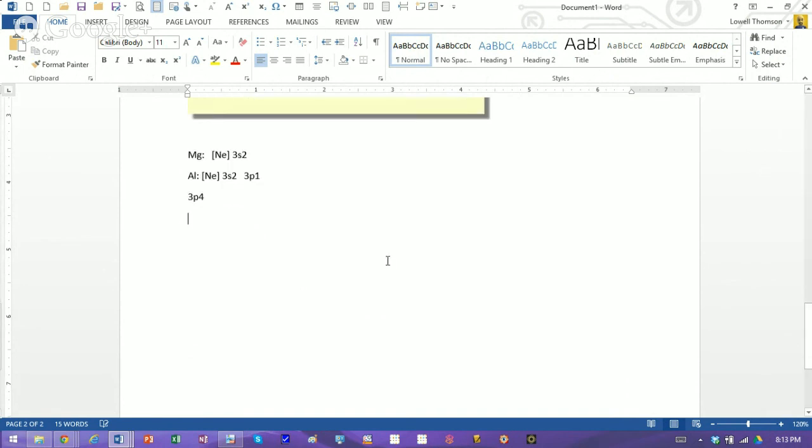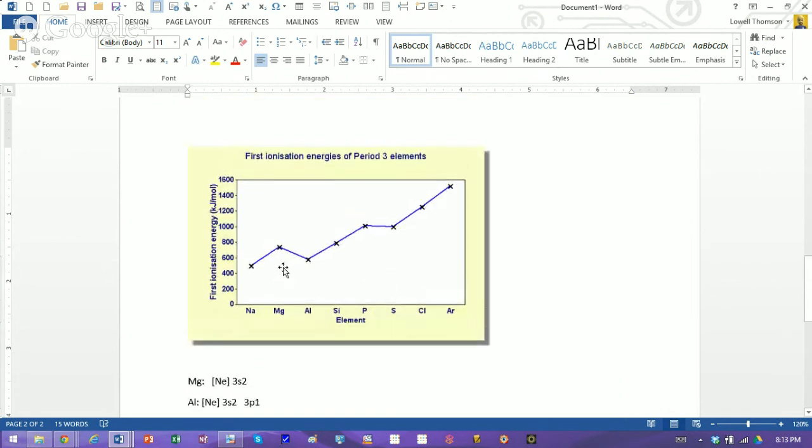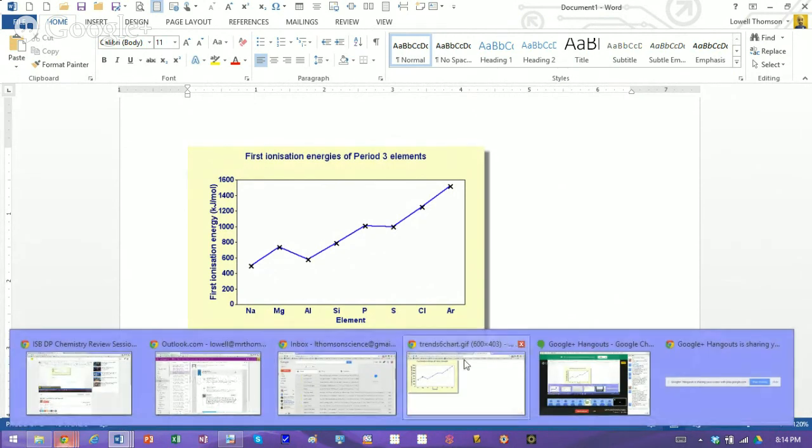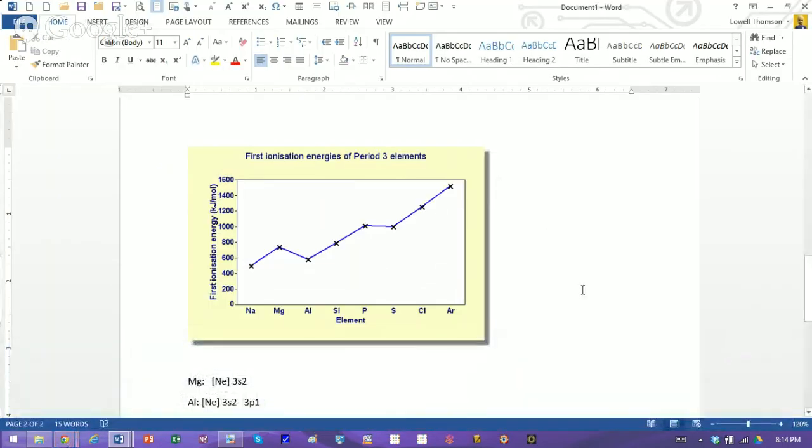And then it goes back to the normal pattern. So it's the discontinuities that give us some extra insight into not only the energy levels, but the orbitals within the energy levels. So Al is smaller because it's a new orbital, and S is there because of the repulsion. Correct. Those discontinuities happen for two different reasons.